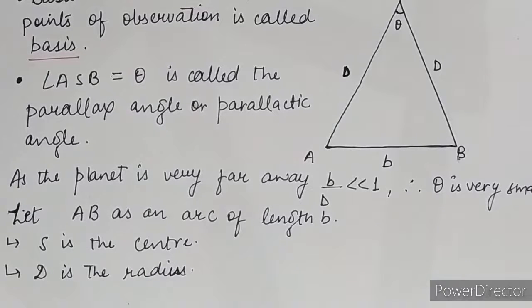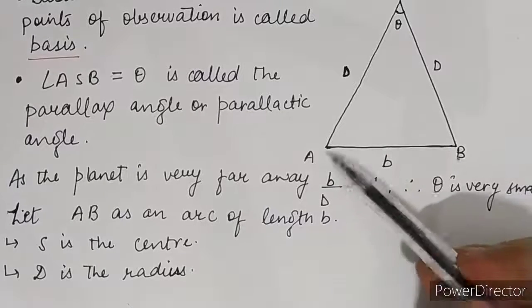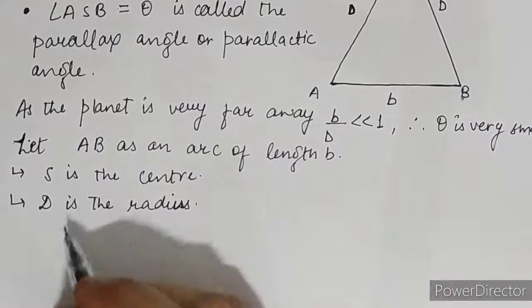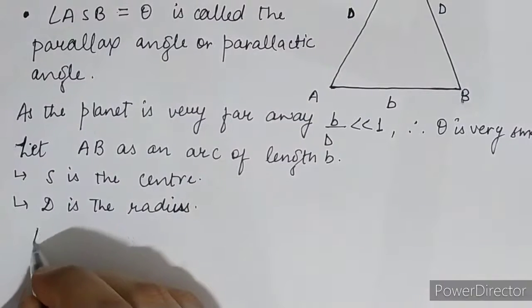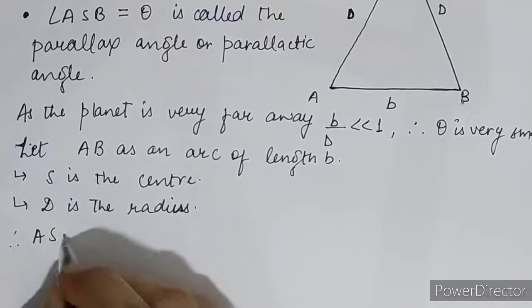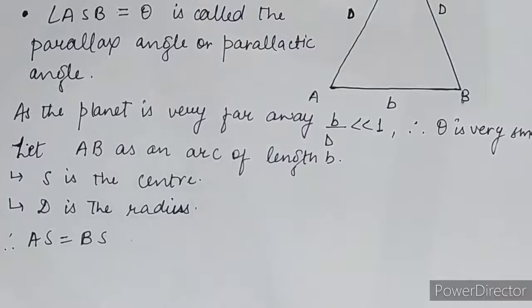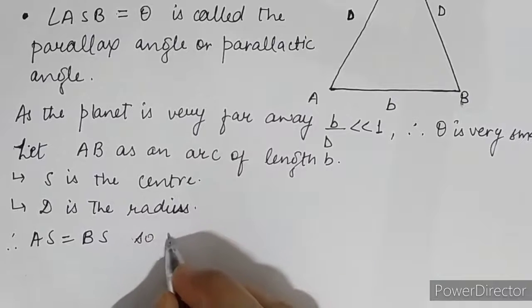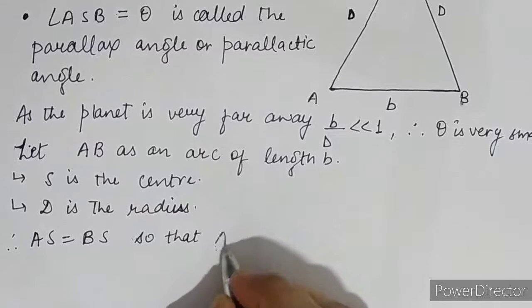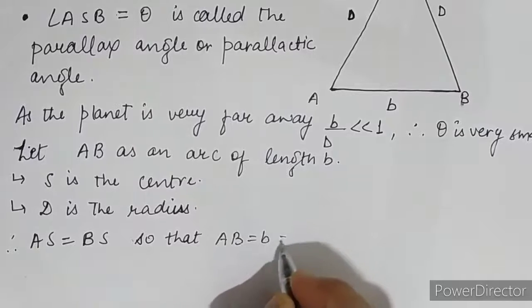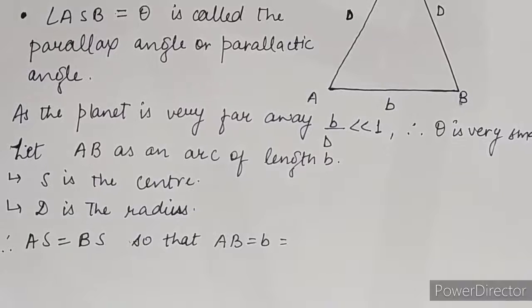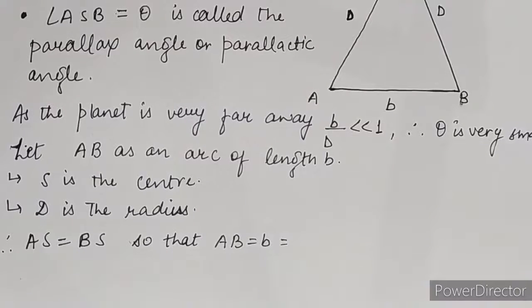Got my point, beta? Now, as this is the radius, we can say that AS and BS are both equal to each other, because both are radii. And for this, AB is the arc.